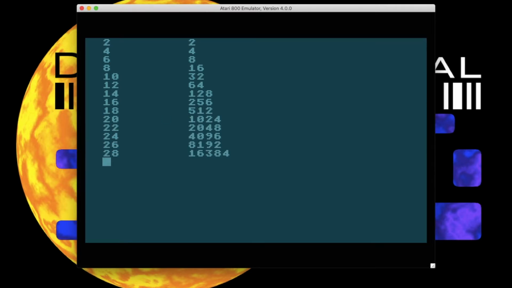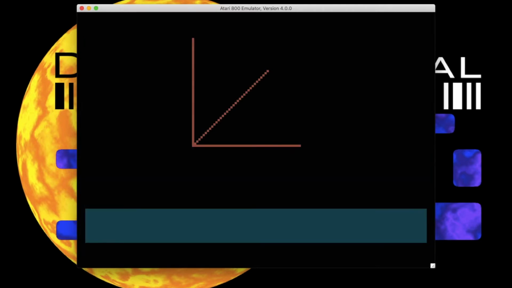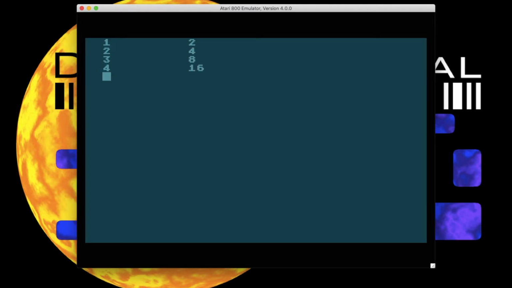Actually, we're one ahead of it on actually, oh, I doubled n for some reason each time. I added 2 to it each time. So we need to take 1120 and fix it. That's better.